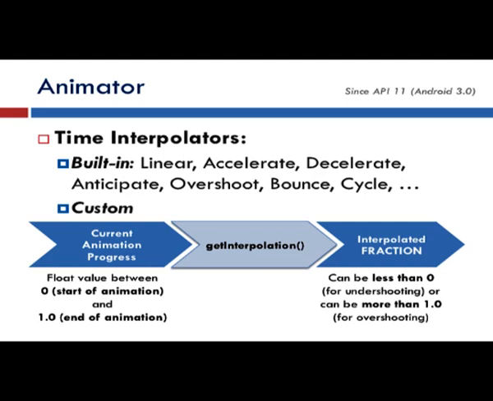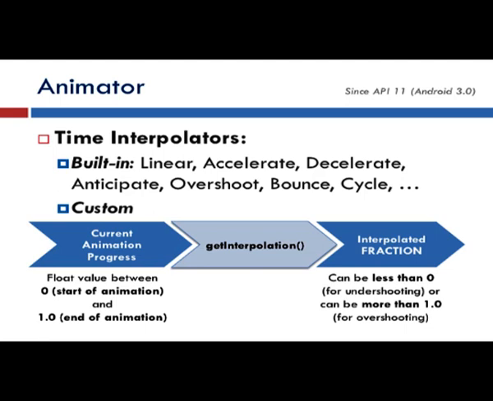For example, the accelerate time interpolator will speed up your animation during the beginning and then slow down your animation during the ending. And decelerate will do the opposite. It will speed up, it will go at a constant rate till the end, and in the ending it will go fast. Similarly, the anticipate and overshoot interpolators will do some other things that I'll explain.